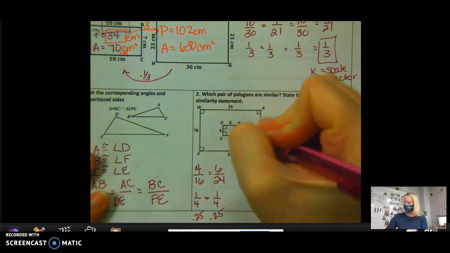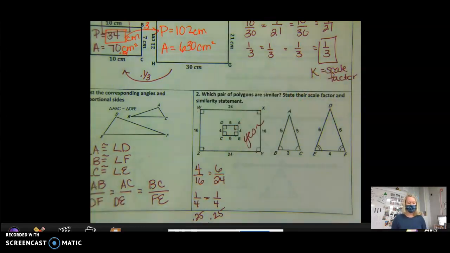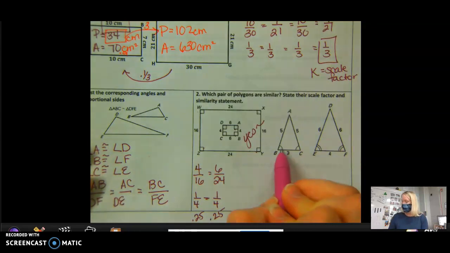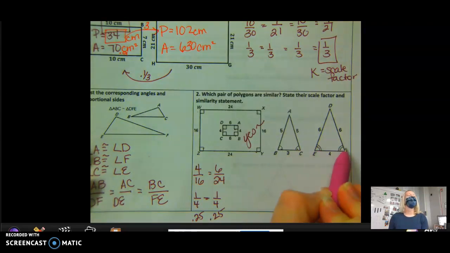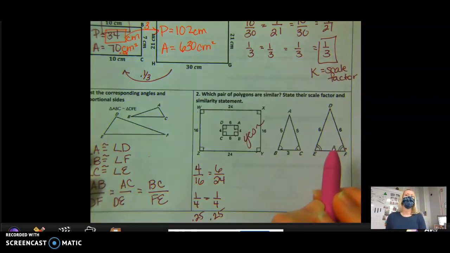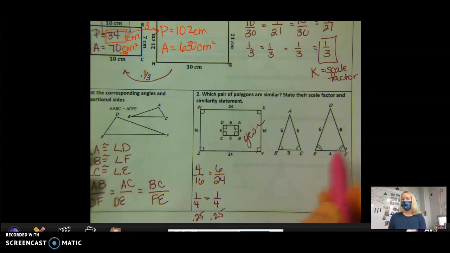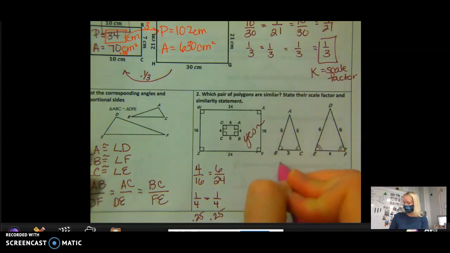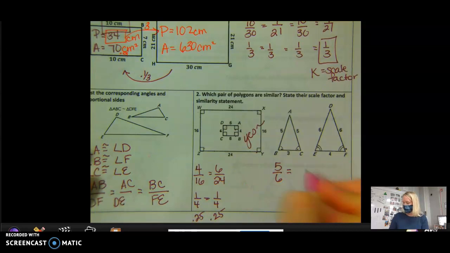So yes, similar. Okay. This one, this has an angle, 1 arc, 1 arc, 2 arcs, 2 arcs. So first off, are my angles for sure congruent to one another here? No. So angles are not congruent. The other thing is, let's check. 5 over 6 should be equal to 3 over 4. What's 5 divided by 6?